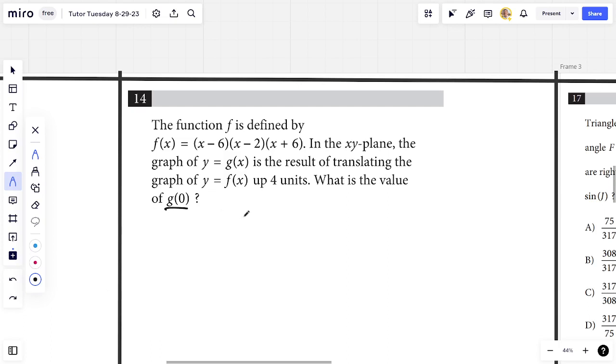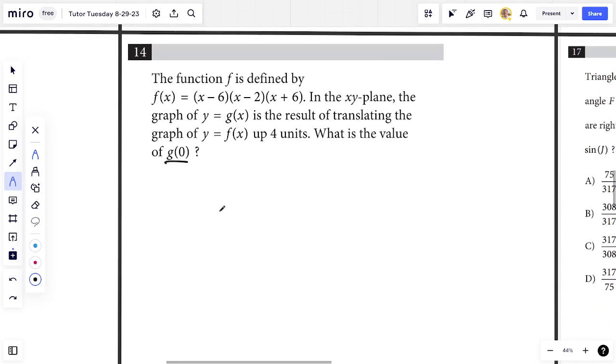One easy way you could do it is just by plotting this in Desmos, because on the SAT you literally get a Desmos graphing calculator, at least for the digital SAT. Let's say you're doing this on the original paper SAT though. What you could do is first find out what the value of f of 0 is.